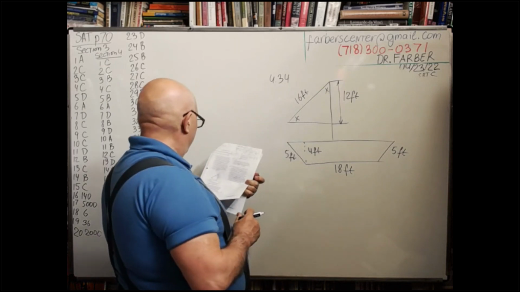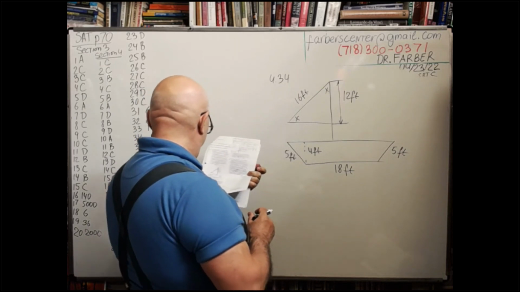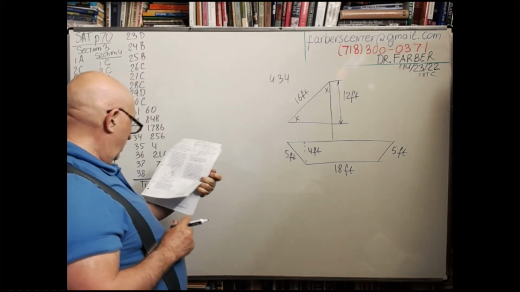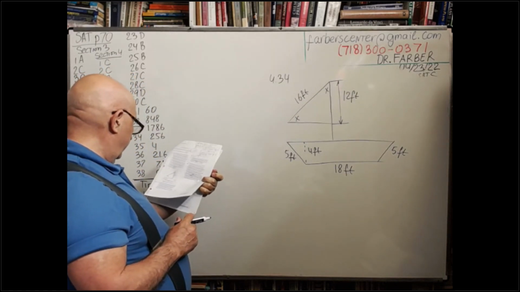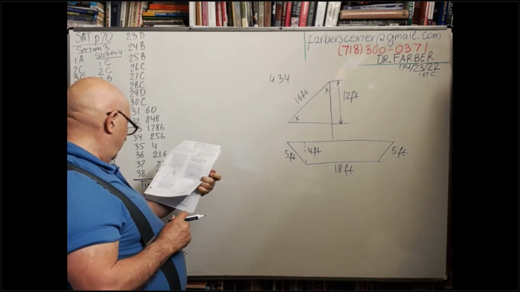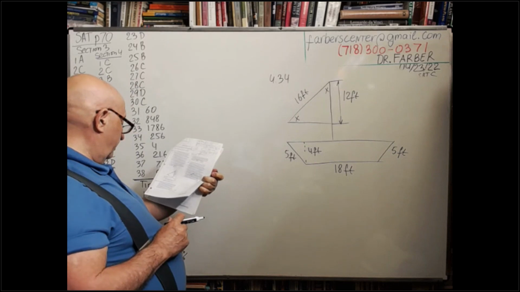Okay, let me see this, number 434. Kits that include instruction and all materials needed. The figure shows the finished dimensions of a sailboat from such a kit.